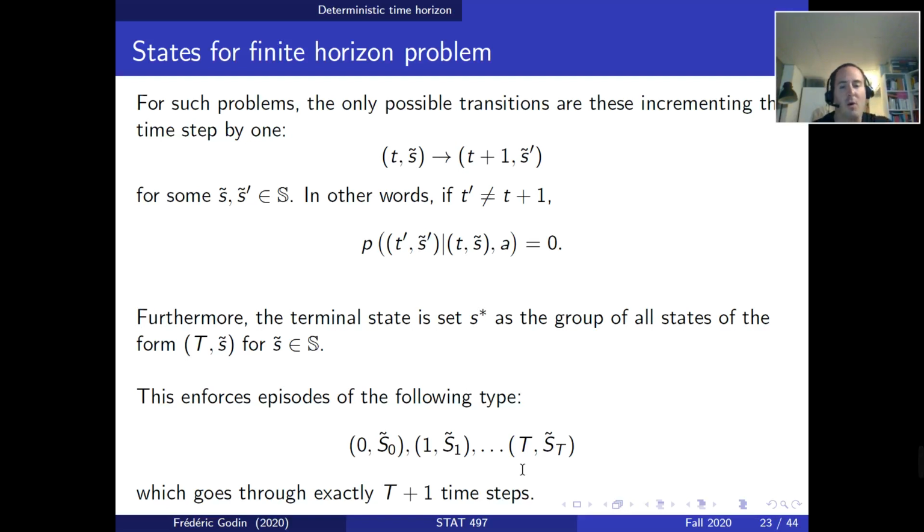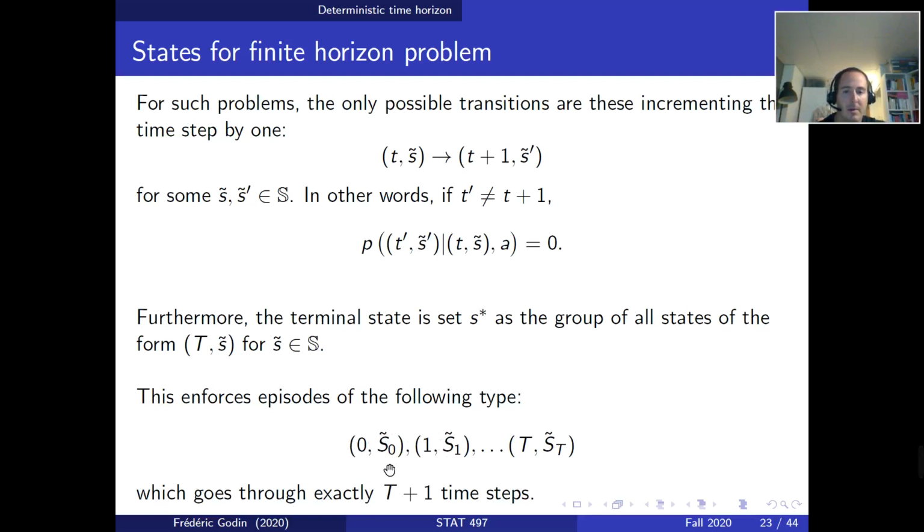Furthermore, having states defined like this entails that you can easily reflect that you behave differently as time passes because, for example, if you fix S tilde, so let's say S tilde 0 is equal to S tilde 1, you can be in the same raw state in two consecutive steps, but because the state also involves another component, you might have a different action associated with these couples.